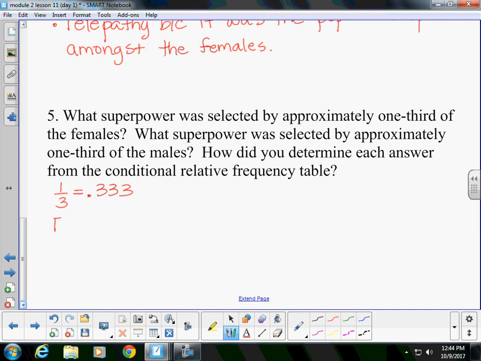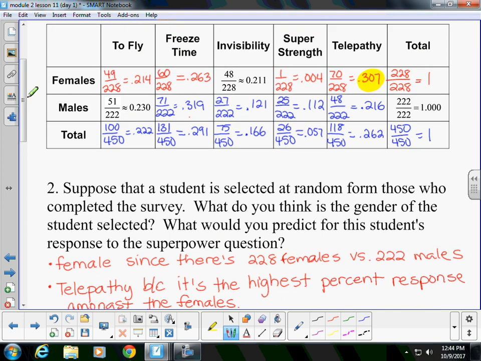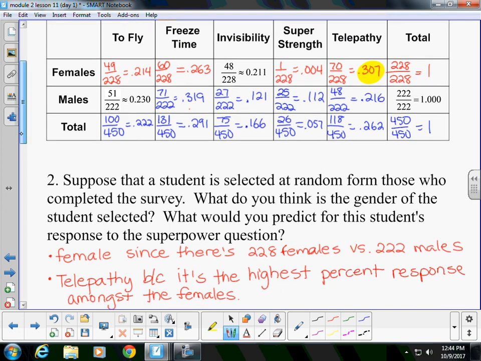So for females, the answer closest to 0.333 is actually the 0.370 telepathy.